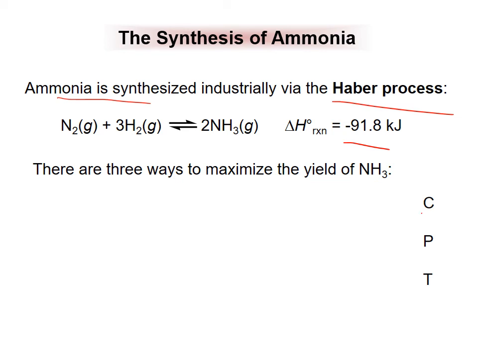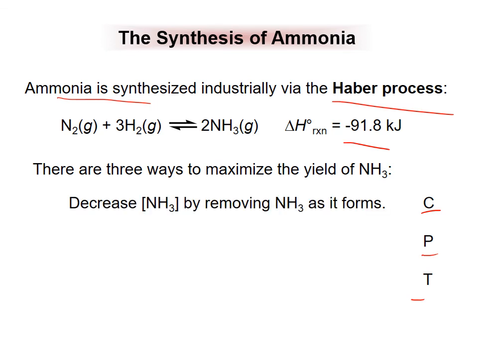These are the concentration, the pressure, and the temperature. So in industry, ammonia, the product, is constantly removed. By removing product, the reaction goes forward, and so it will produce more product and therefore increase the yield.